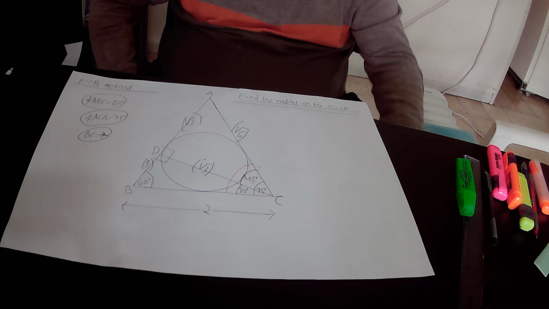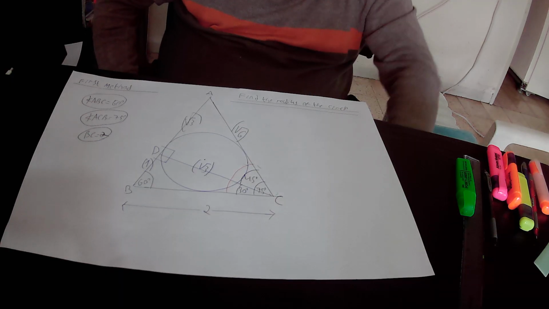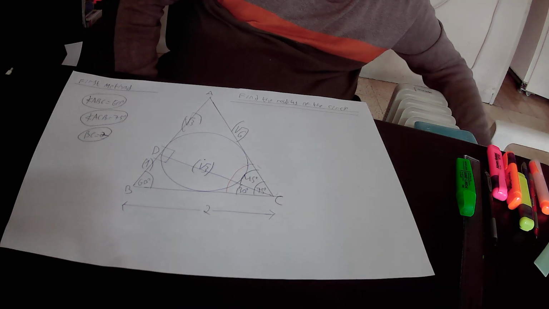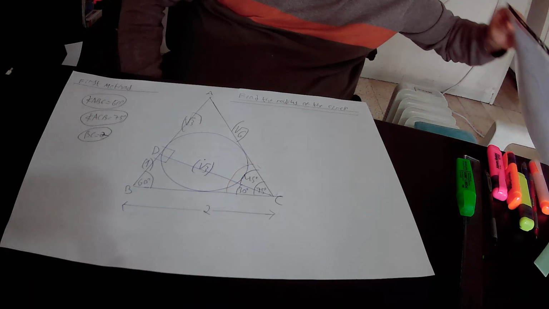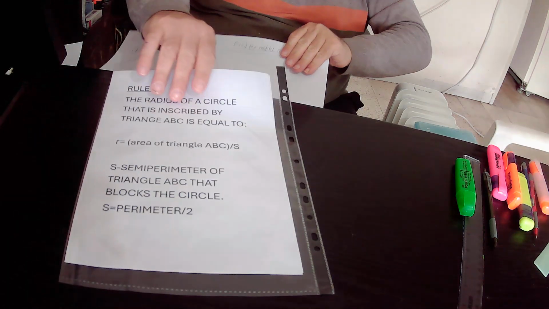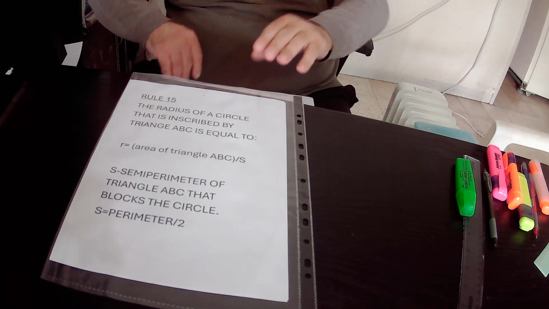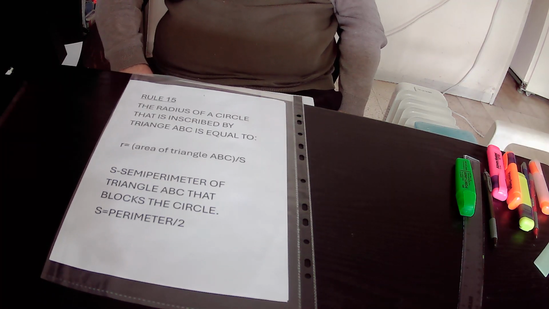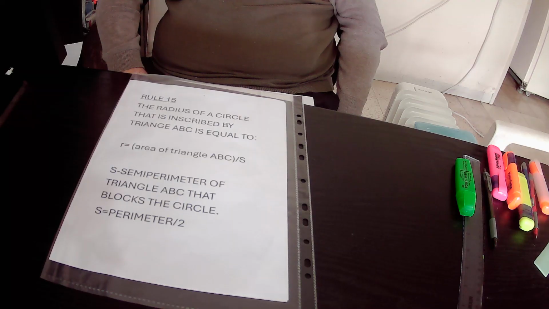According to rule number 15, the radius R of a circle that is described about triangle ABC equals the area of triangle ABC that blocks the circle over S, that is the semi-perimeter of the same triangle, triangle ABC, that blocks the circle. And the semi-perimeter of any triangle is the perimeter over 2.